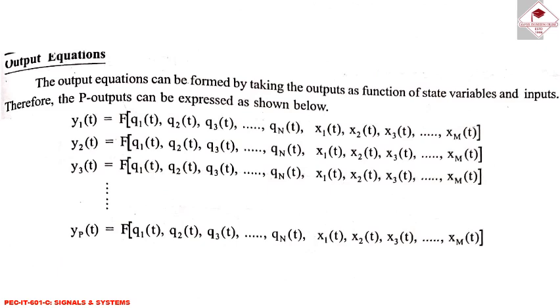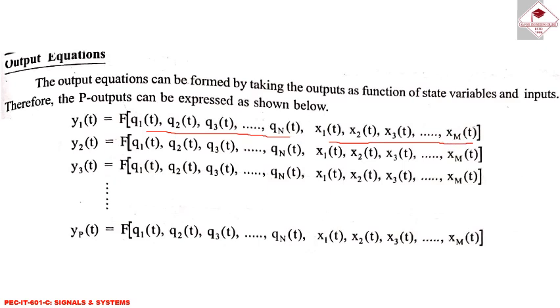Output equation next. The output equation can be formed by taking the output as a function of state variables and inputs. Therefore p outputs can be expressed as y1t, that is a function of q1, q2, q3 up to qn. These are the state variables, and x1, x2, x3 up to xm are the inputs.